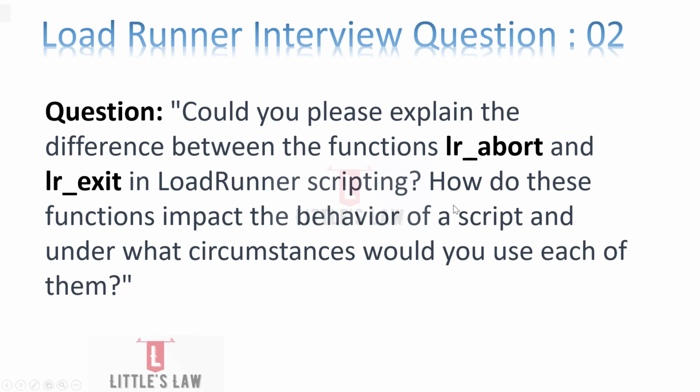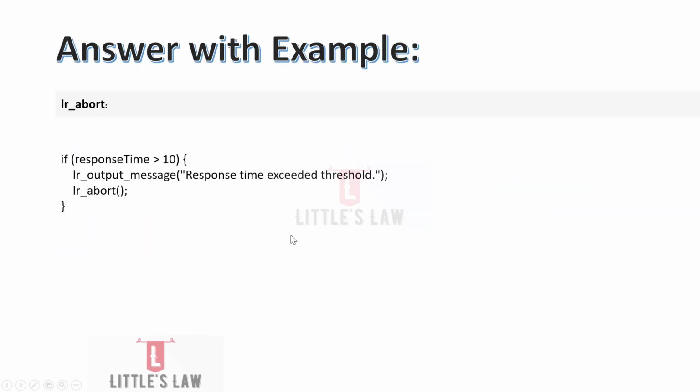Once he asks the question, your answer should start with the first function, which is LR abort. You have to recollect all the situations you have used LR abort. You have to answer this way, that this LR abort function serves as a panic button. This is the primary difference between LR abort and LR exit.